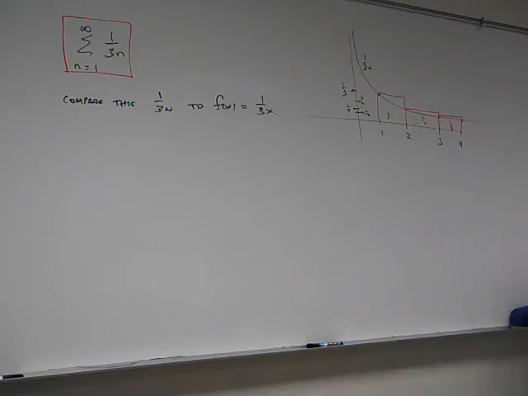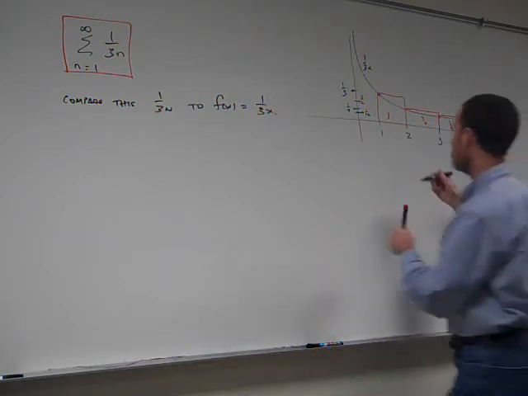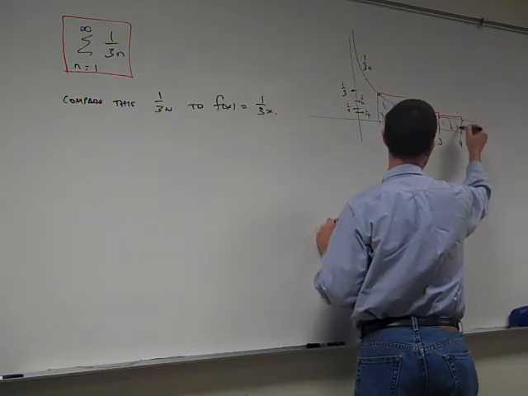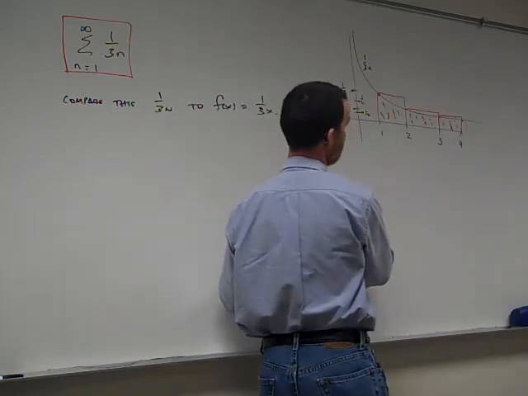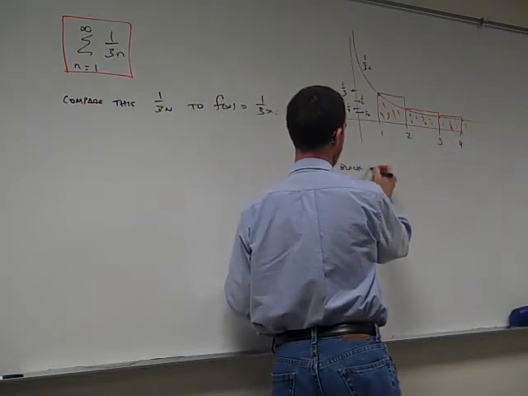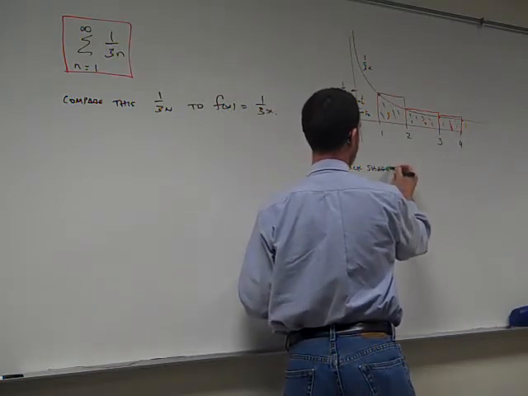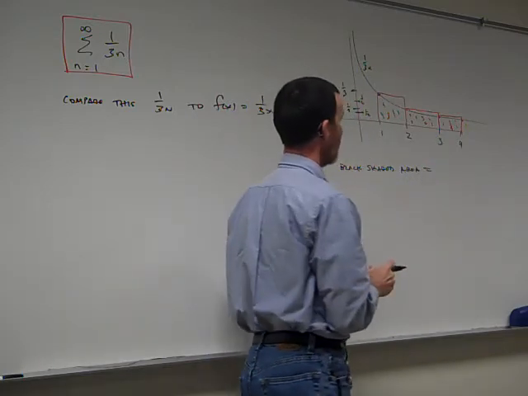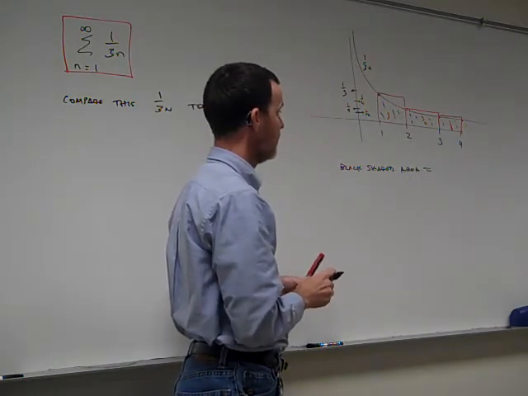So now, if I did that forevermore, what is the black shaded area in terms of integrals? The black shaded area. If I were to write that down as an integral, what would it be?